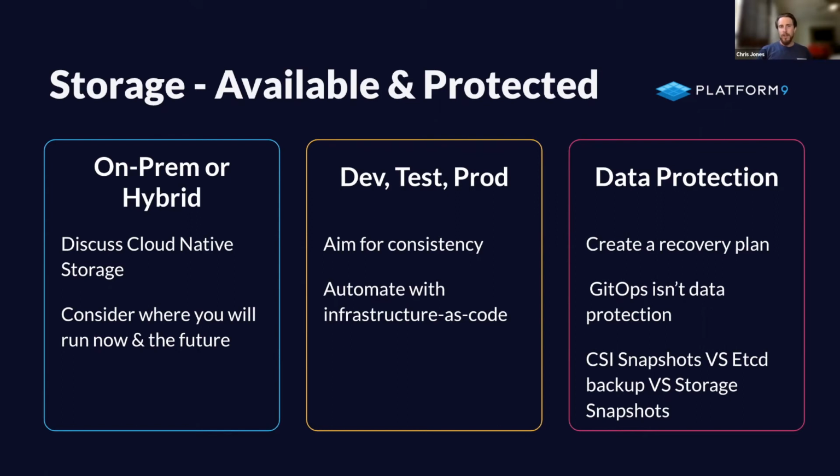The third piece, and this is somewhere I think the industry is slowly evolving to, and learning more and more as everyone's getting applications running on Kubernetes, is data protection. Right? Today, all of the backup vendors know how to protect a physical machine. They know how to protect a virtual machine.